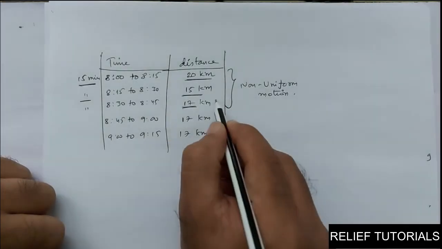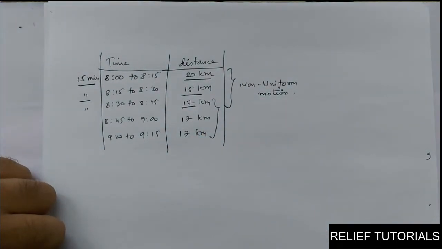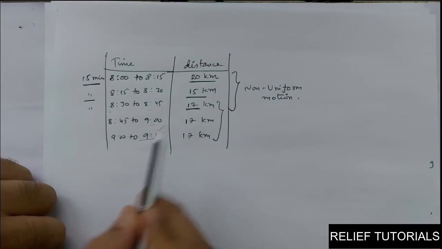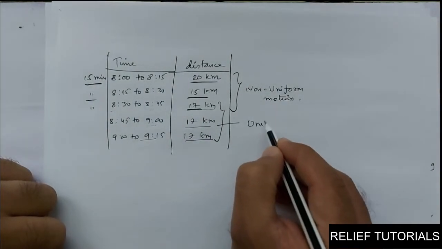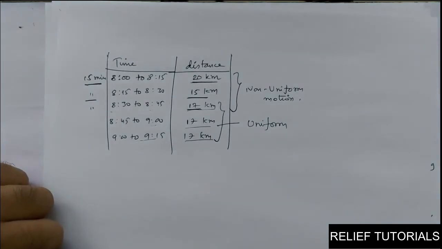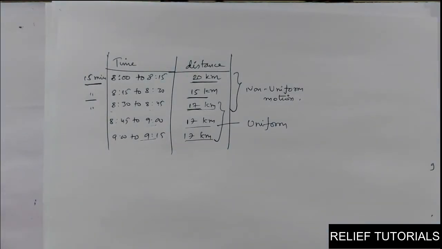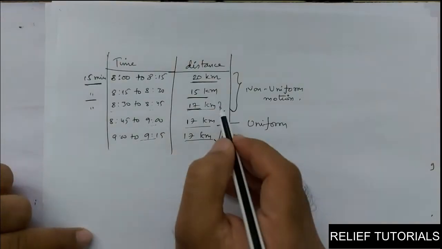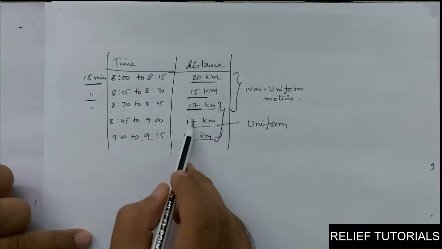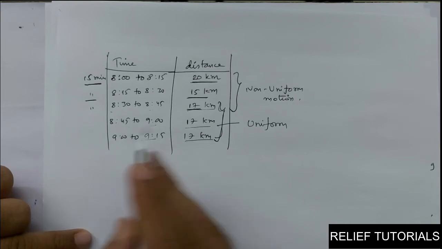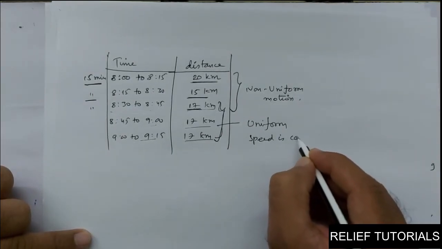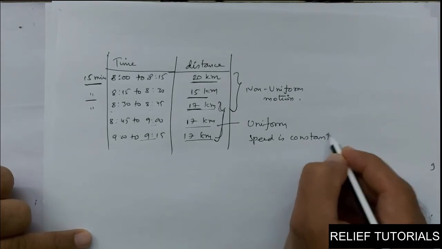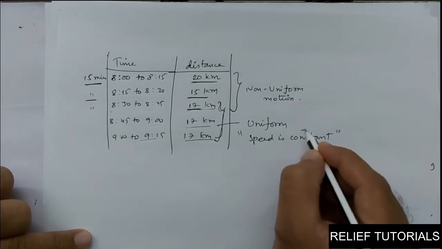So in these three parts of equal intervals of time, we have traveled equal distance. So this type of motion is uniform motion. One thing is very easy to understand from this example: in these three parts, equal distances traveled in equal intervals of time means the speed is constant. Speed is constant means speed is uniform.